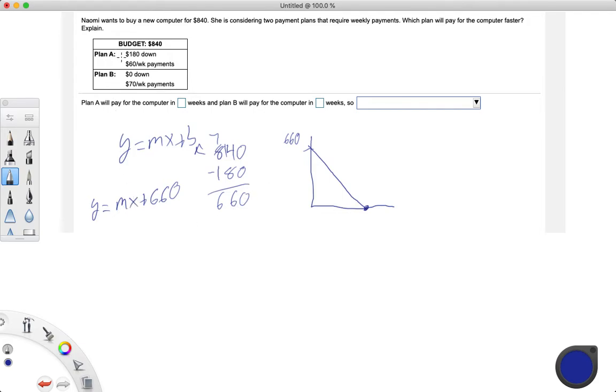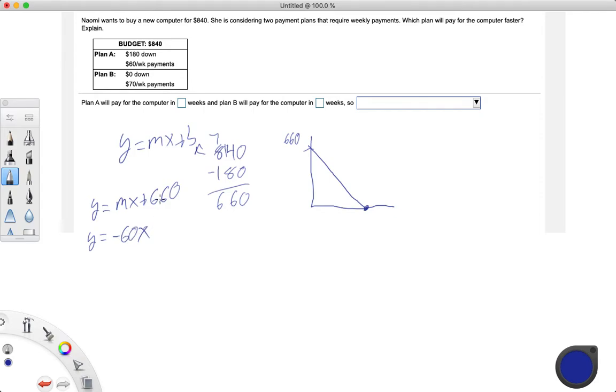And if you look at plan A, it gives you our slope. She's paying $60 a week. So y equals negative 60x, because she's paying that money out, and we want this money to go down, right?